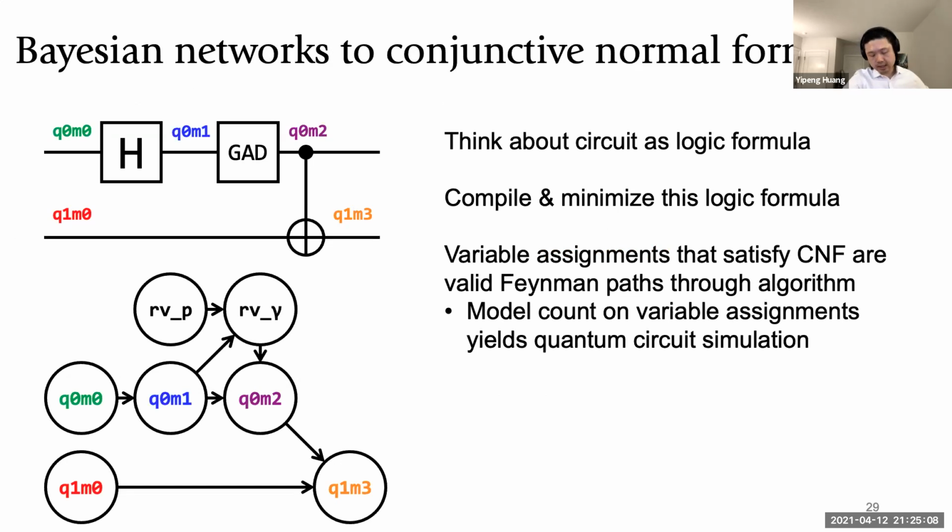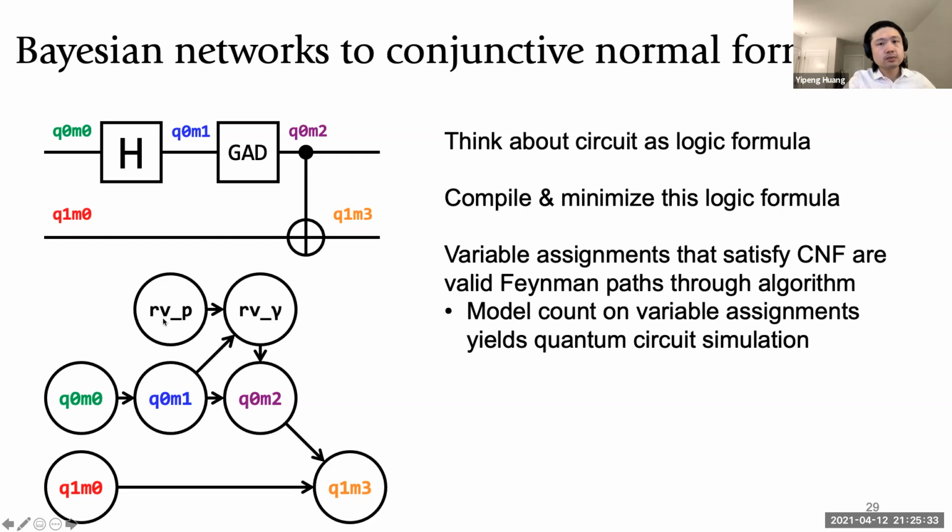And so the key idea is that by turning the quantum circuits and their semantics into a logic formula, all the variable assignments that satisfy that logic formula represent one valid path that agrees with the semantics of quantum circuits.